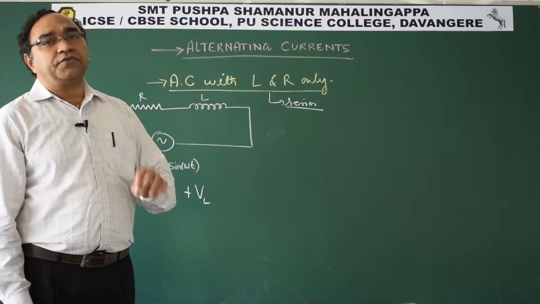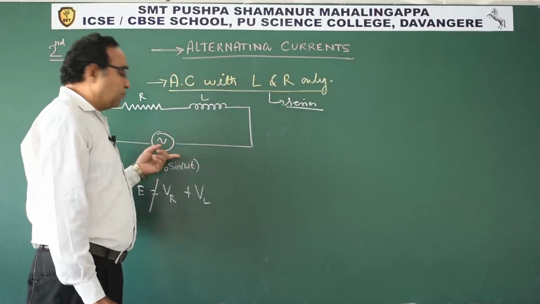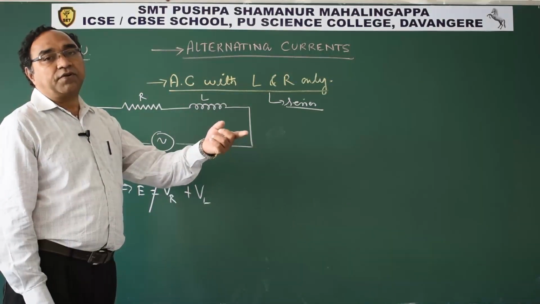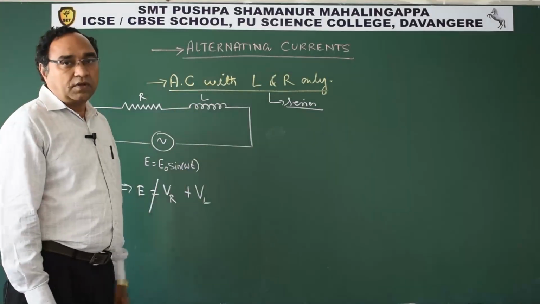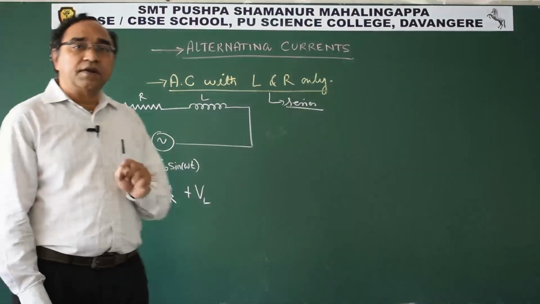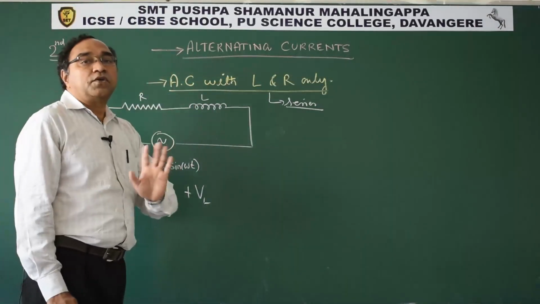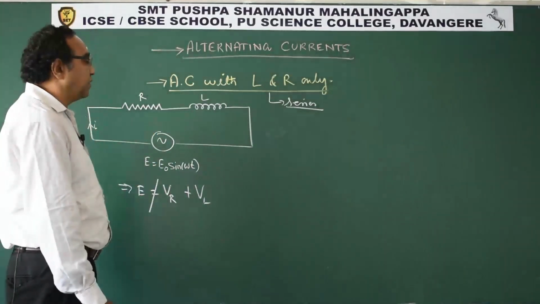But please pay attention to the kind of source which you have placed. Here the source is fluctuating, and there where you have done V is V1 plus V2 plus V3, what is the kind of source there? It's a DC source. So that equation is limited to DC circuits only. That cannot be used universally. Please remember that. This is the concept which has to be understood.